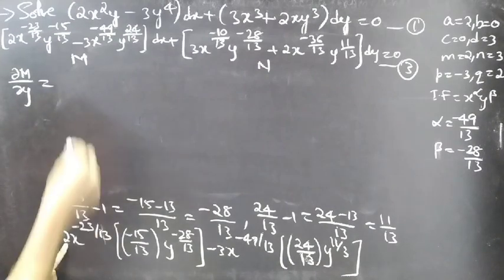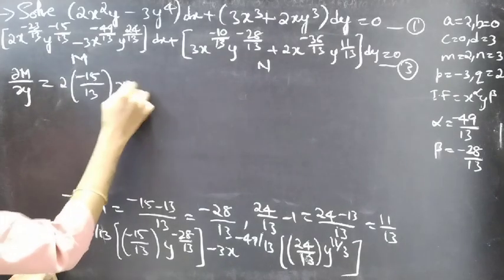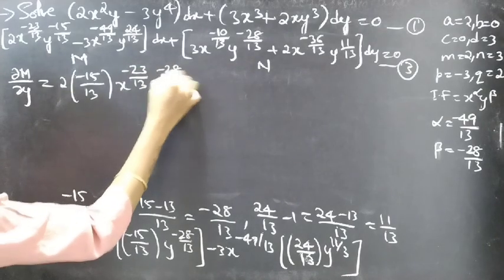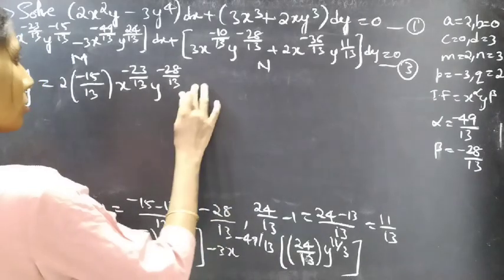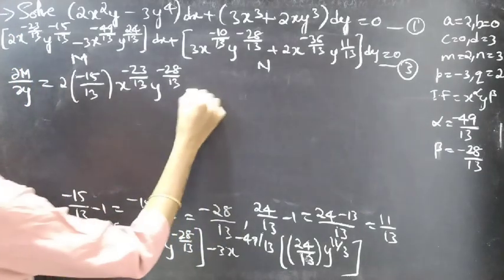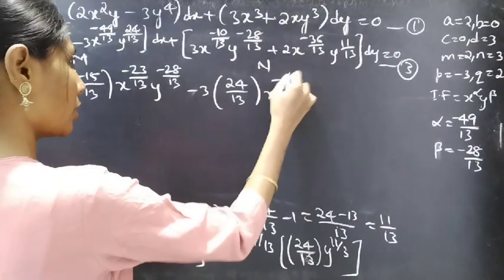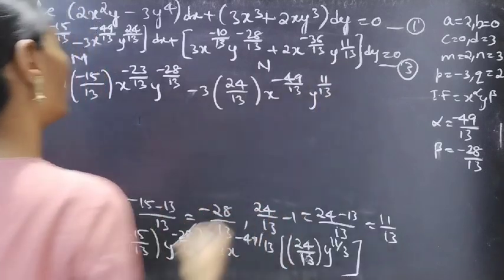This becomes 2 into minus 15 by 13 into x power minus 23 by 13, y power minus 28 by 13, minus 3 into 24 by 13 into x power minus 49 by 13 into y power 11 by 13. Right?